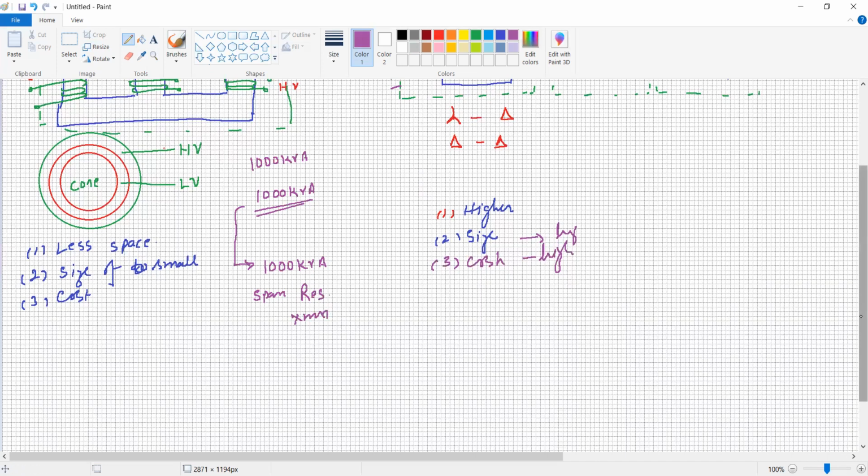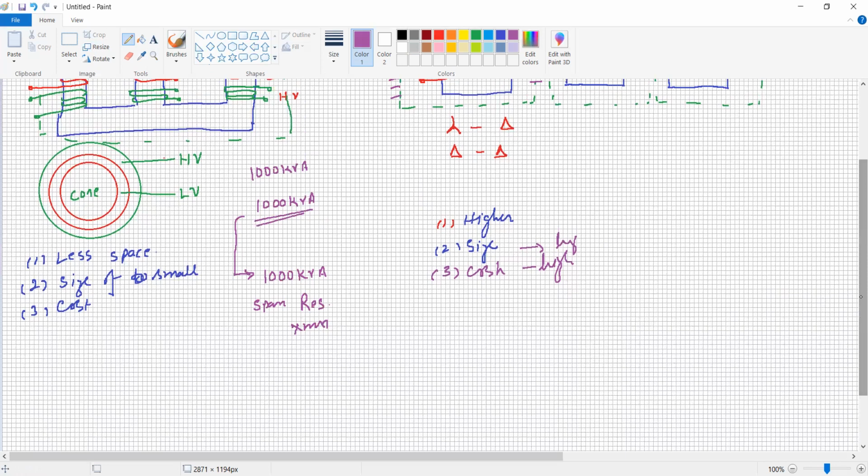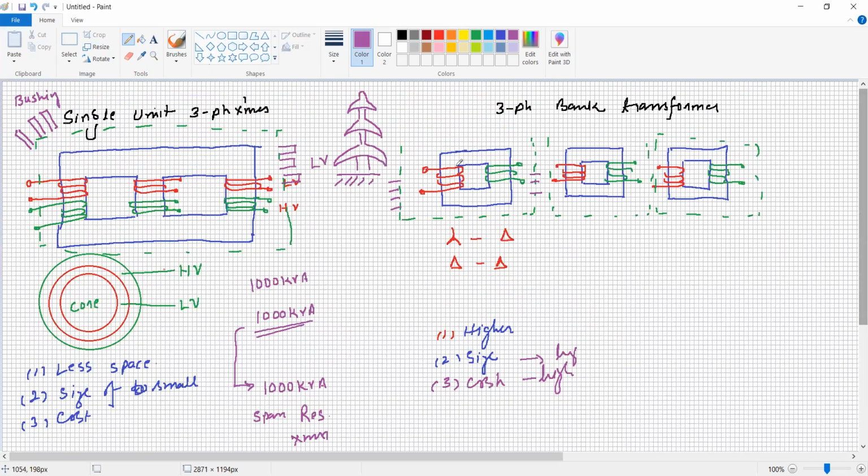Whereas in this case, if a fault occurs in one of the windings, the other two transformers are in healthy condition. They can supply by VV connection or open delta connection, where they can supply power up to 57% of the rated capacity. Suppose it is a 1000 kVA transformer, it can supply up to 570 kVA to the load.